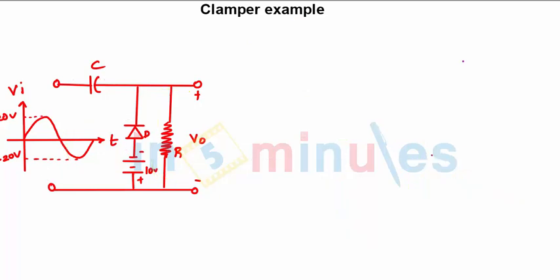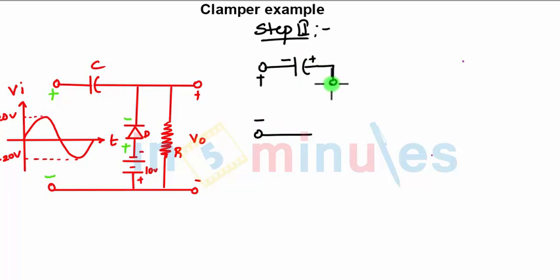Now going to the positive half cycle, what will happen in the positive half cycle? Here we will have positive, negative, positive. The diode will be reverse biased, and the diagram will be: you have the capacitor whose direction is negative, positive of the charge, in the positive half cycle. Then the diode will be open circuited, the battery will be redundant in this case, and you have the output voltage.